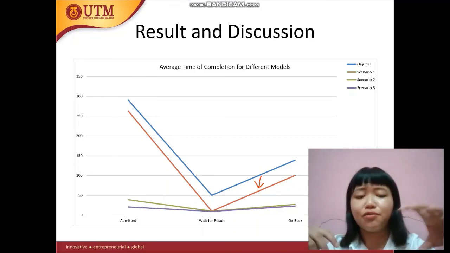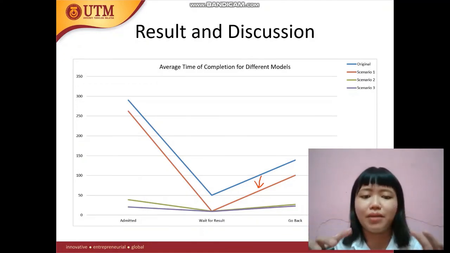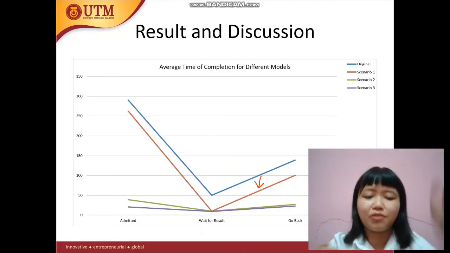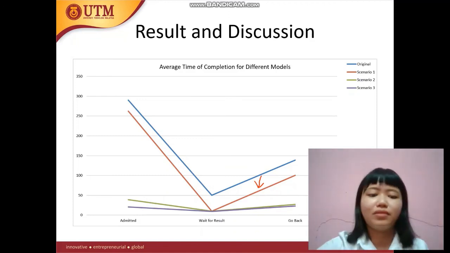Before this, they needed to queue for a very long time at registration. Now they don't need to anymore, so it's sped up by around 50 minutes for all exits, because we have 3 exits: admitted, wait for result and go back. All these are at the exits, so we test only on the exits.